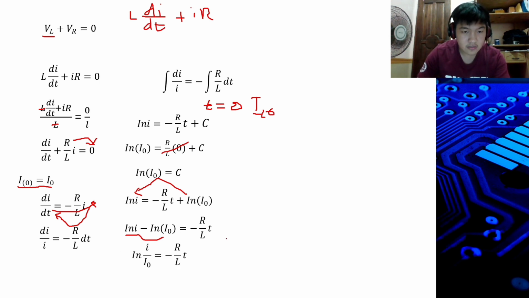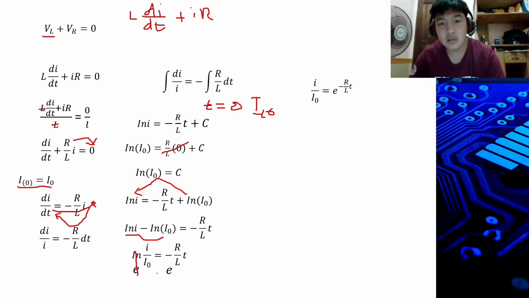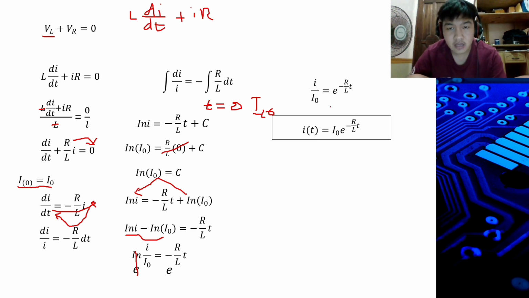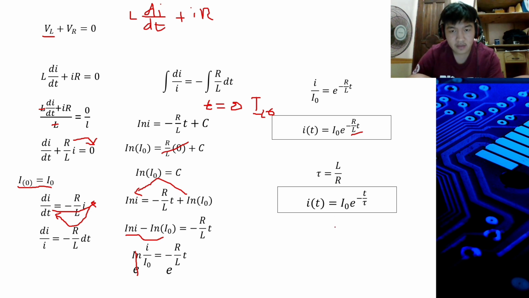So ln I over I naught is equal to negative R over L t. Now make both sides exponents of E, so it cancels and leaves I over I naught is equal to E raised to negative R over L t, or I of t is equal to I naught E raised to negative R over L t, wherein the time constant tau of the inductor is equal to L over R. If we substitute this, you can get I of t is equal to I naught E raised to negative t over tau.